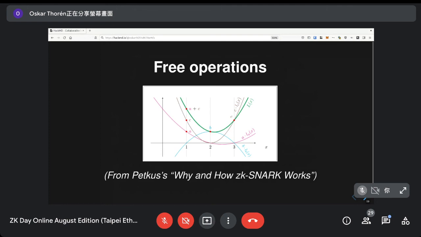And then we can do the same for b and c. And in order to do addition, we can take the a plus c at x equals 1, take those curves and add them together to get this L of x polynomial. So hopefully this gives some intuition for why constants and addition can be expressed in a single constraint.